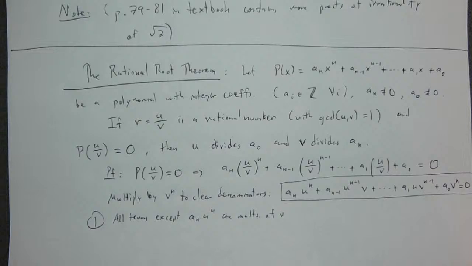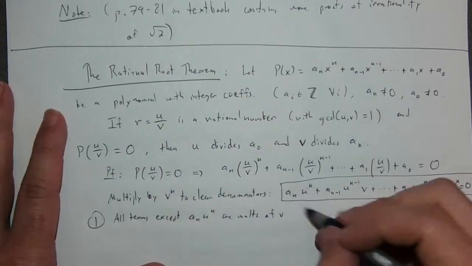What does that mean? Since this expression is equal to 0, I can simply move all those other terms to the other side of this equation. And what I get is a sub n u to the n is equal to some linear combination of terms where v is present in every single term. So it's a linear combination of v times something, in every single term.